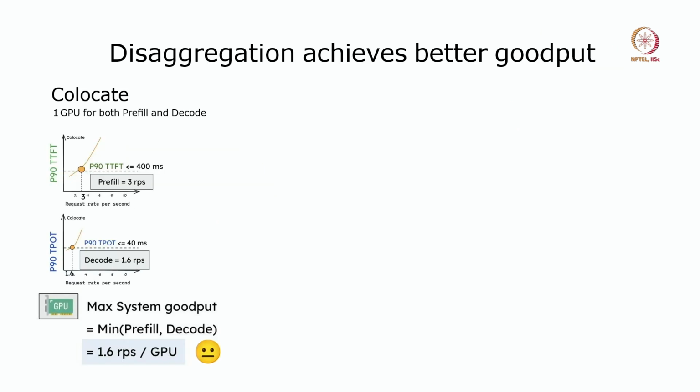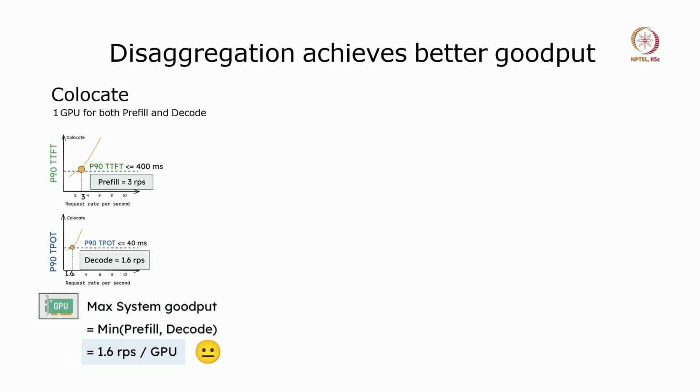Now, so far we have seen that decode and prefill have two totally different characteristics. Decode is memory bound, prefill is compute bound. So, if we execute prefill and decode on the same server, then we may not get a good performance benefit, right. That is why we are disaggregating the server, that is the distributed service.